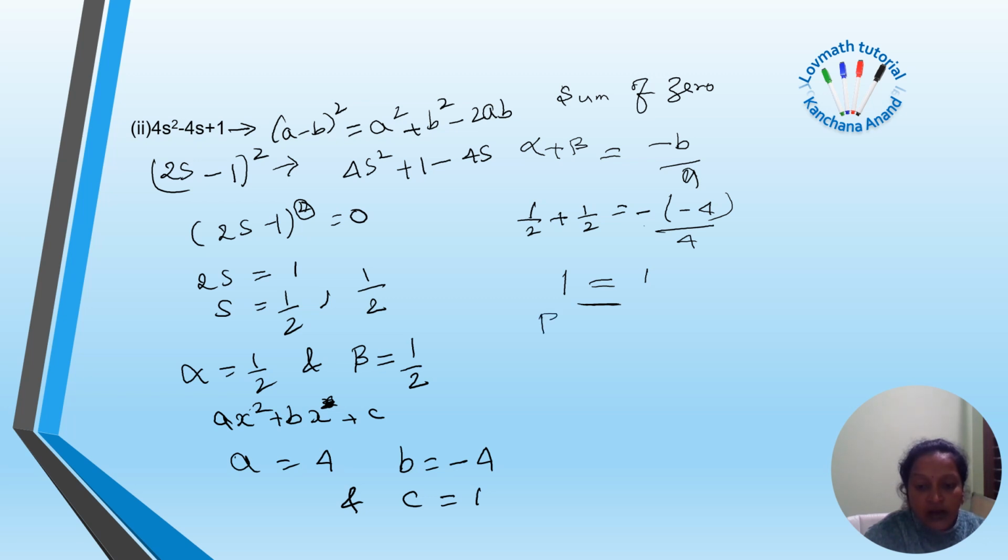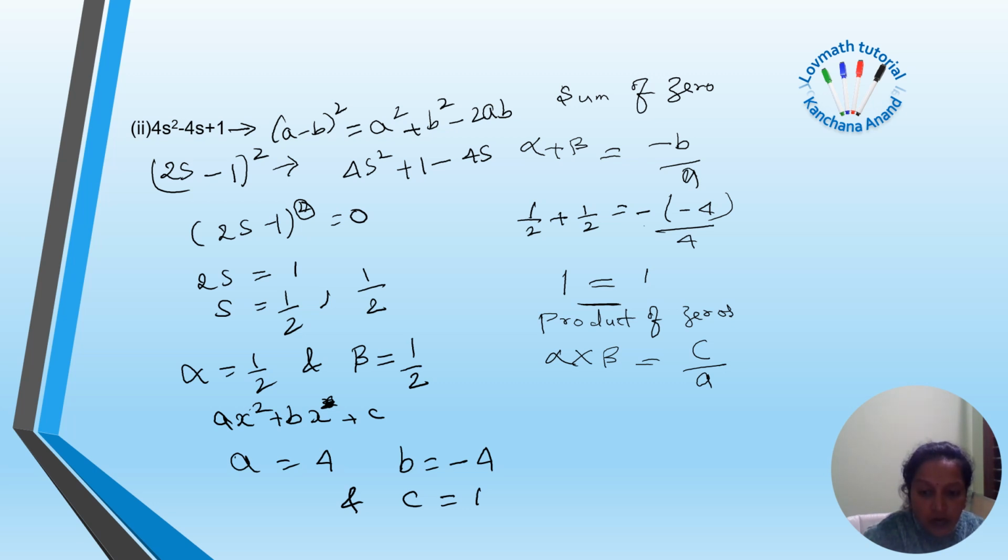Let us find the product of zeros. So alpha into beta is equal to c divided by a. c is the constant and a is the coefficient of s square.